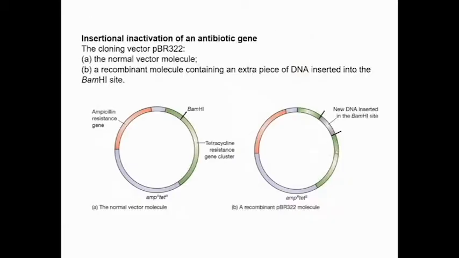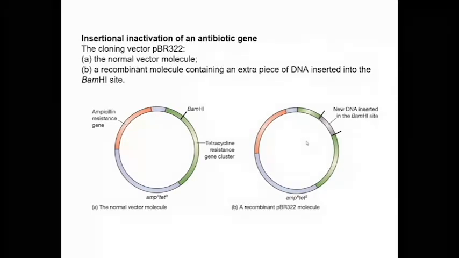Once you transfer to the tetracycline media, the cells that carry the original vector will survive, and the cells that carry the recombinant molecule will not survive.